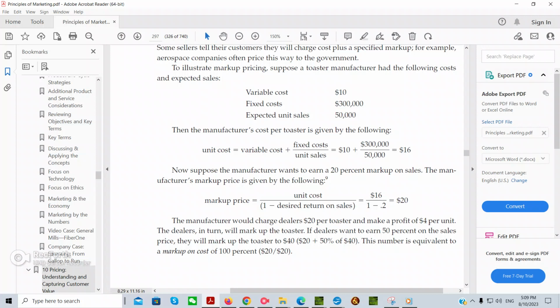Let's say it's 15%. 1 minus 0.15 is 0.85. Or 20%: 1 minus 0.2 is 0.8. 16 divided by 0.8 is $20.